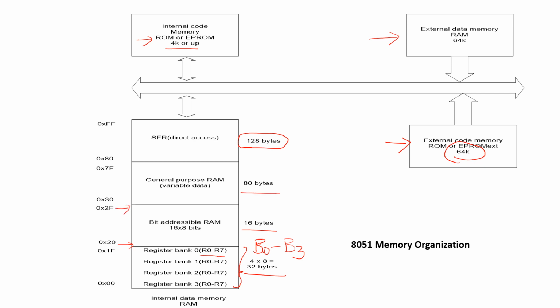We also have 80 bytes of general purpose RAM starting from address 30 up to 7F. Above 80 to FF, the registers are meant for special function registers. So there are a total of 128 bytes of internal RAM data memory.